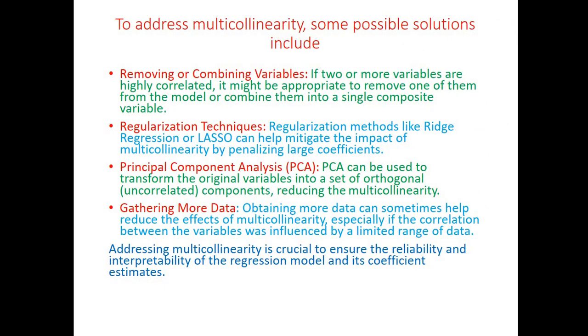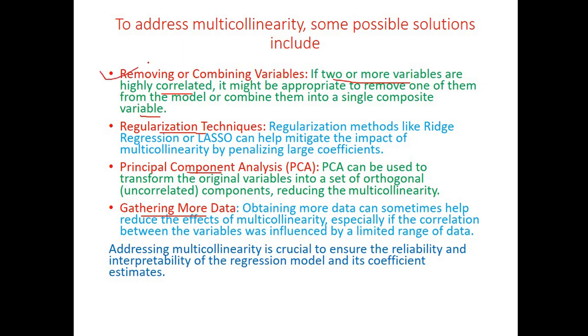To address multicollinearity, some possible solutions include removing or combining the variables, regularization techniques, principal component analysis, and gathering more data. If two or more variables are highly correlated, it might be appropriate to remove one of them from the model or combine them into a single composite variable.